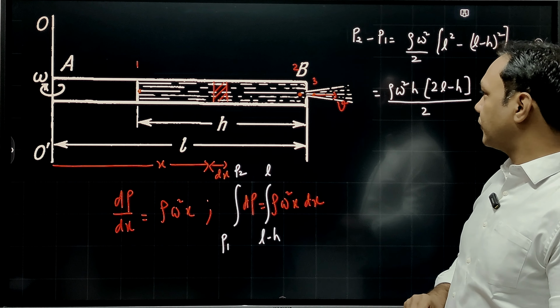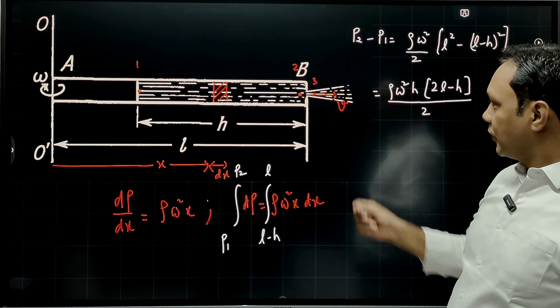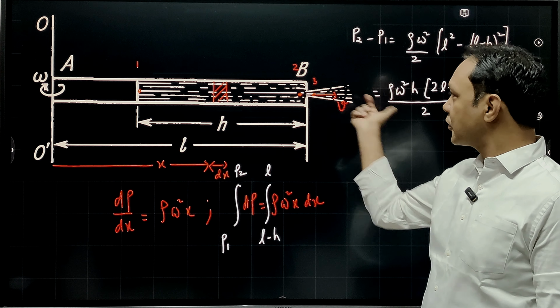Now between 2 and 3, if I apply Bernoulli theorem, because of the pressure difference the liquid is going out.